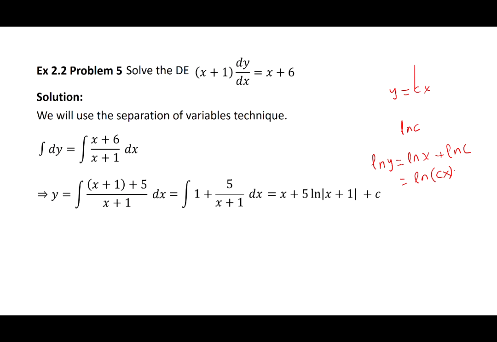Now, natural log of y is equal to natural log of cx must imply y is equal to cx. Right? So the answer that you got of natural log of y equals natural log of x plus c, was that wrong? No. That's perfectly valid.